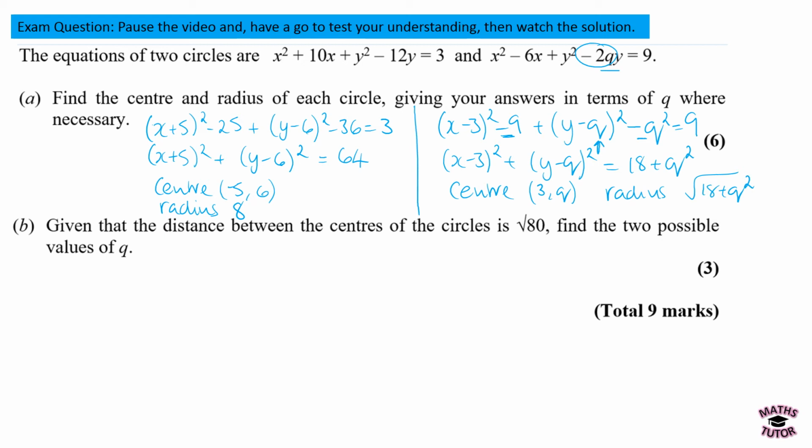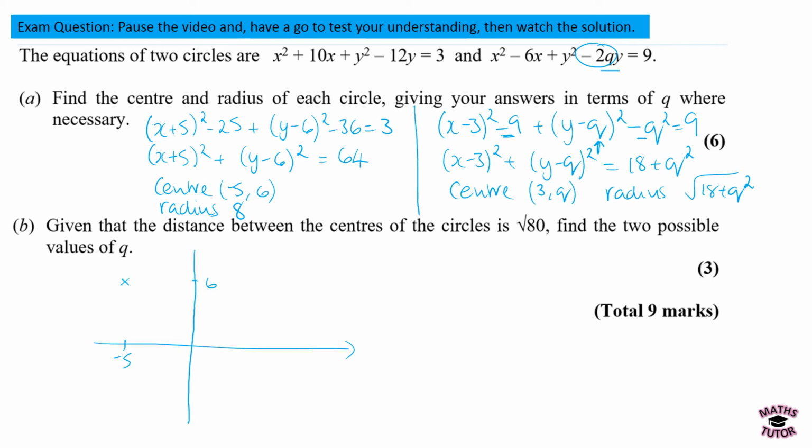Now we're told in the next part that the distance between the two centres is root 80, and we're asked to find two possible values of q. So let's have a picture of what is going on. Always good to have a sketch. The first circle has centre minus 5, 6, so minus 5, 6 will be here.